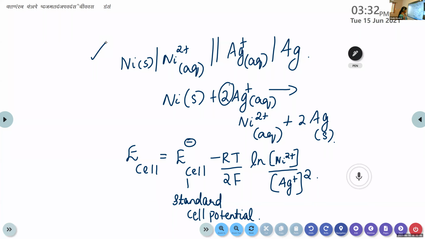That's it. Now it's clear? If you are not able to learn that derivation, at least you should learn that Nernst equation in the final form.